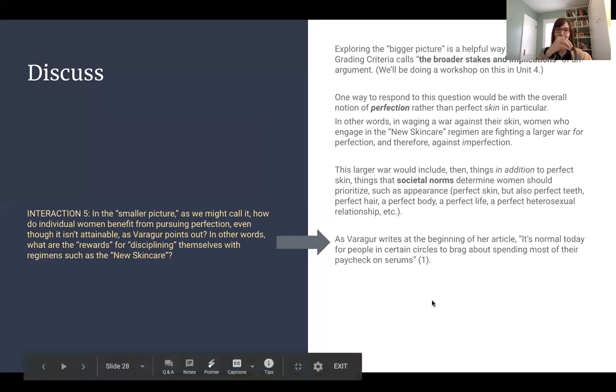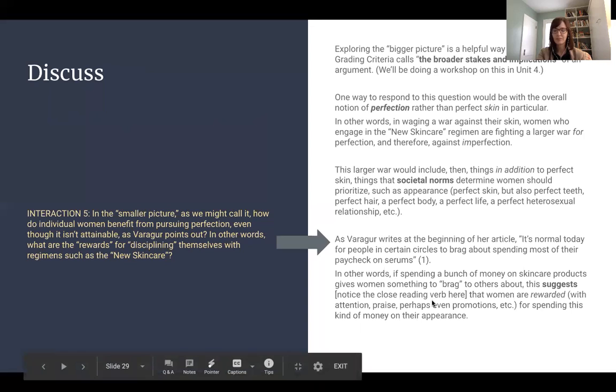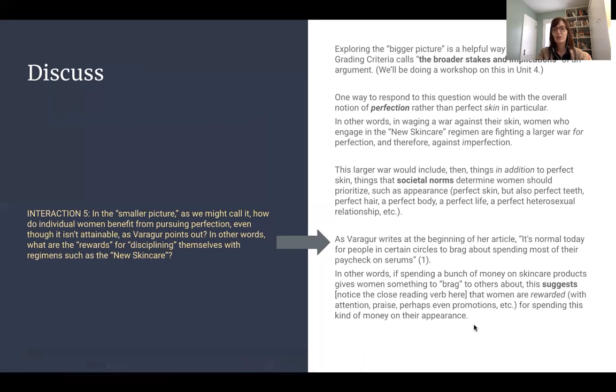In other words, if spending a bunch of money on skincare products gives women something to brag to others about, this suggests, notice our close reading verb here, that women are rewarded with attention, praise, perhaps even promotions, etc., for spending this kind of money on their appearance.